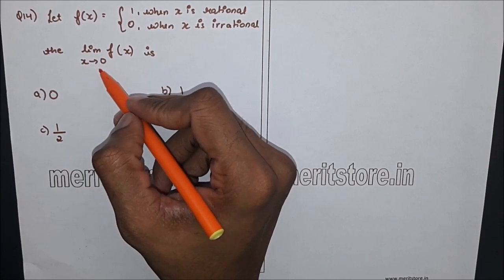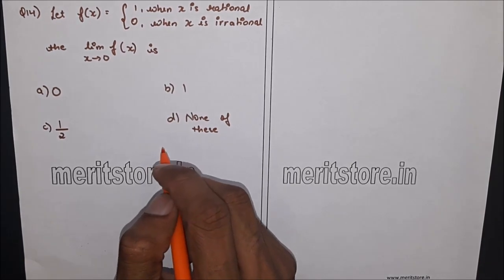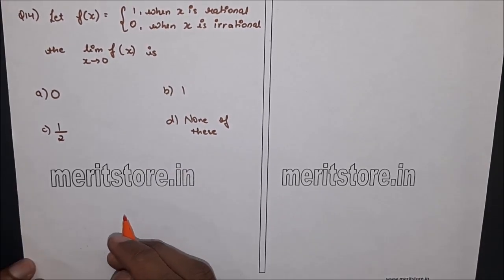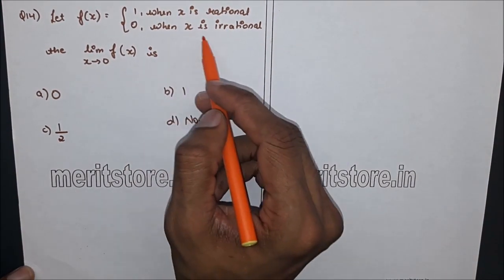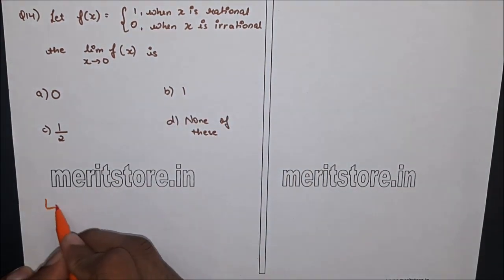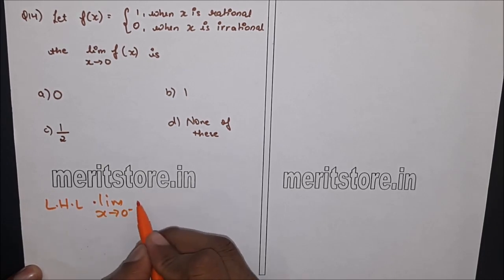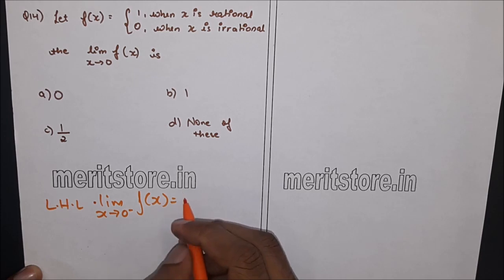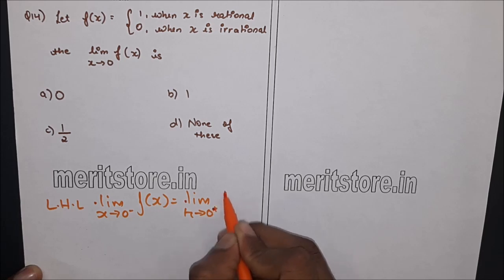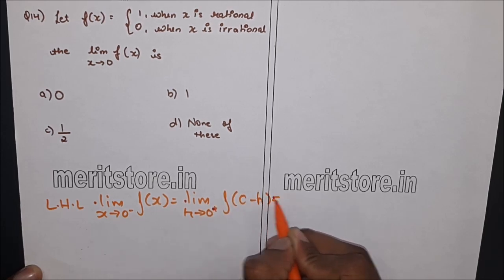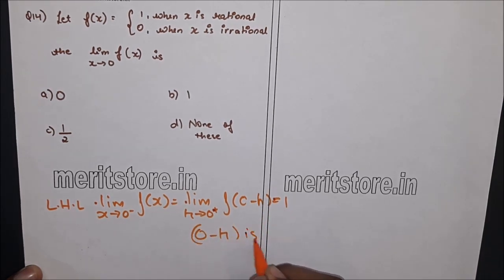For LHL, the limit as x approaches 0 from the left hand side of f(x), the limit as h approaches 0 from the right hand side of f(0 - h) equals 1, where 0 - h is rational.